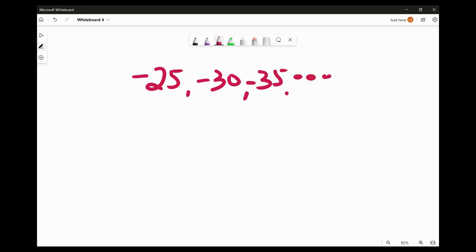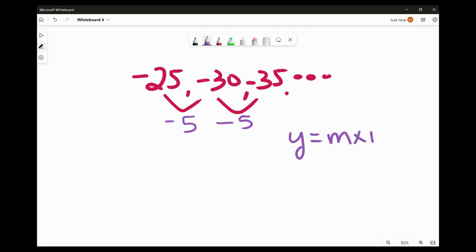All right, so we have this sequence, and you want to take a look at what's happening. Each time we're subtracting 5. That's our slope. So if we were writing y equals mx plus b, we would just plug in -5 for our slope. Now we need the y-intercept, which means I need the 0 term.